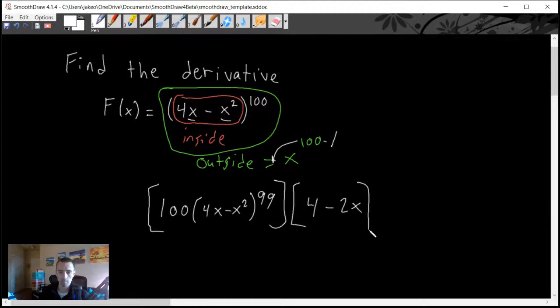So now this is going to be the derivative of that original function there. We could do a little bit of distributing if we wanted to, but I don't think it's really necessary. It's not going to give us a function that's any neater or easier to deal with, so I don't think there's really a point in doing that.